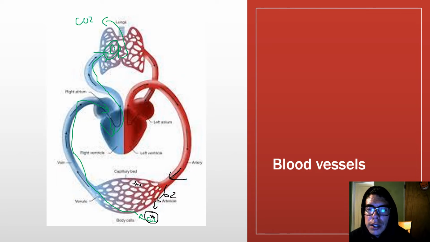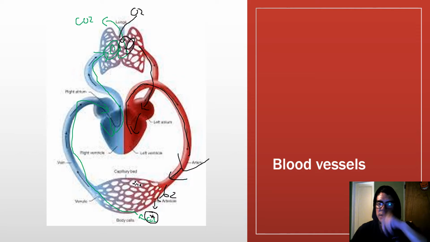Then you will inhale fresh oxygen, which will fill your lungs, and it will go across the walls of your lungs into your bloodstream, get returned to the left atrium, then down to the left ventricle, then get pumped out to your body. And the process just continues like that, non-stop, until we die.